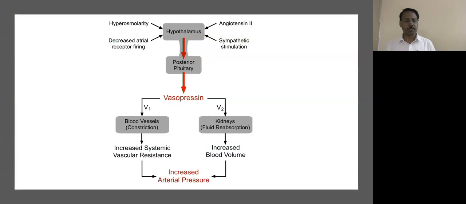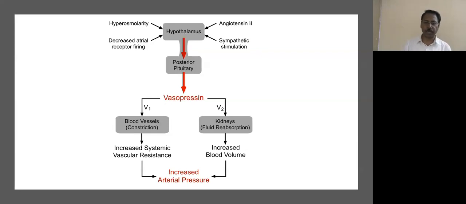So this is just to show how the hypothalamus is impacted by our osmolality and by decreased atrial receptor signaling. There's a volume, and there's the tone of the electrolytes. Those are the two things, including various hormones and the state of the vascular tone. Everything is affecting the hypothalamus.